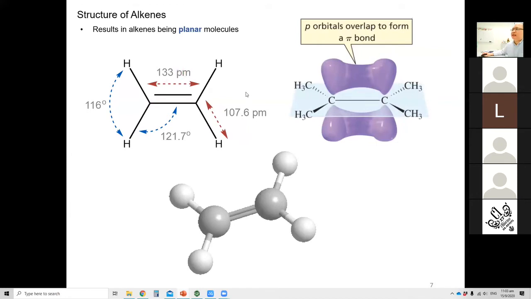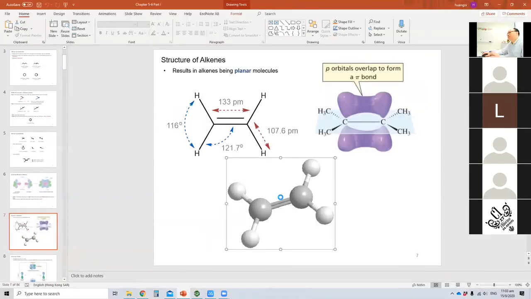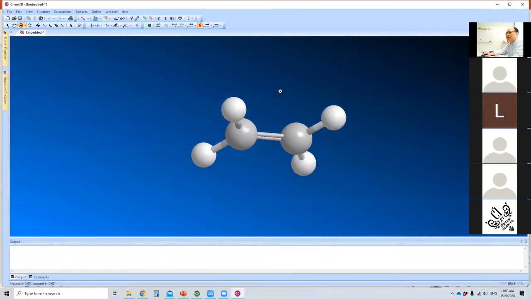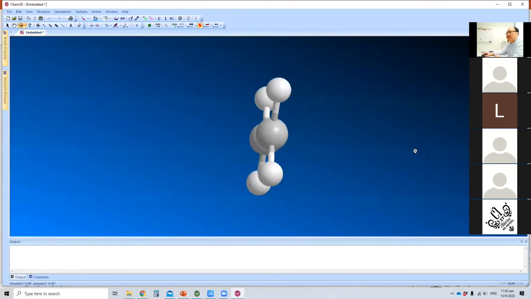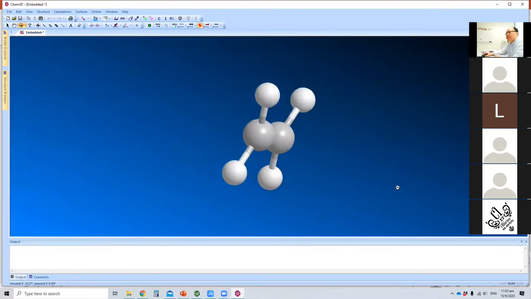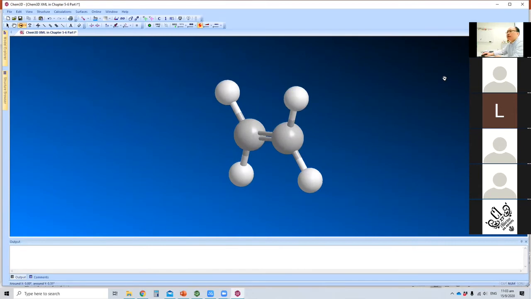Okay, so those are the structural features, and it's a planar molecule, and the p orbitals overlap to form a pi bond. So I'm going to briefly show you. In a real 3D model, you can see ethylene is a planar molecule, all right, and an achiral molecule, right, because it's a 2D object, all right.